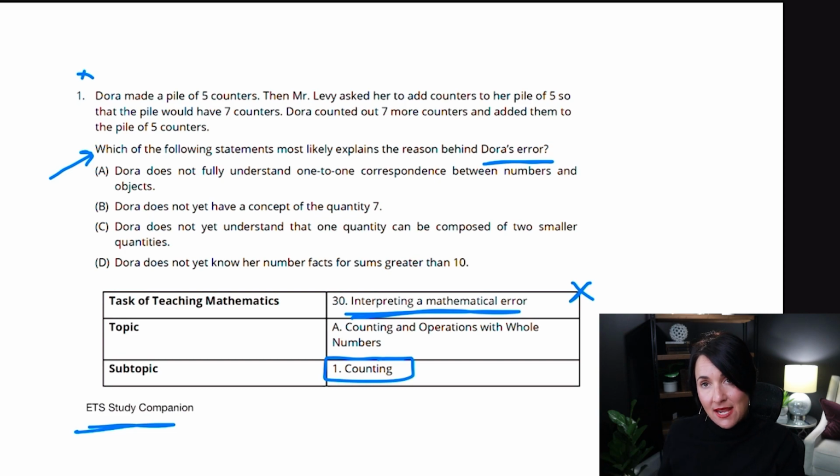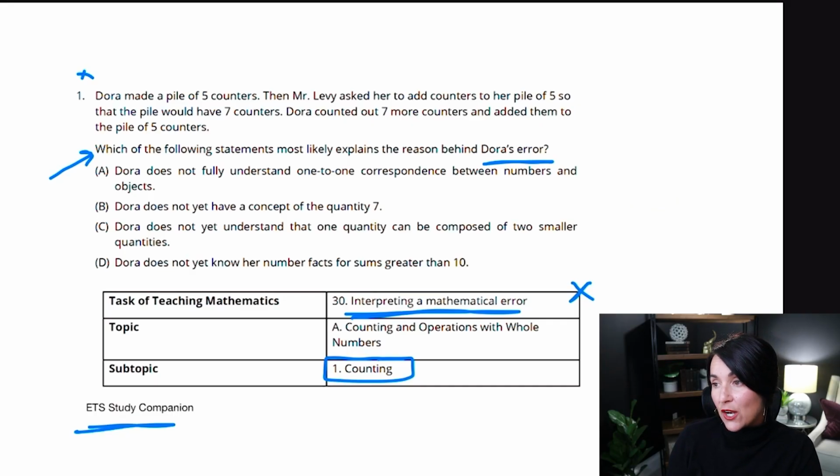And she instead takes 7 more counters and throws them on the pile of 5, which essentially makes 12. What she needed to do was take 2 counters, add them to the 5, and make 7. Do you see how this is a lot different than just working through the math problems? So now we have to figure out what her error is and what the reason is behind her error.